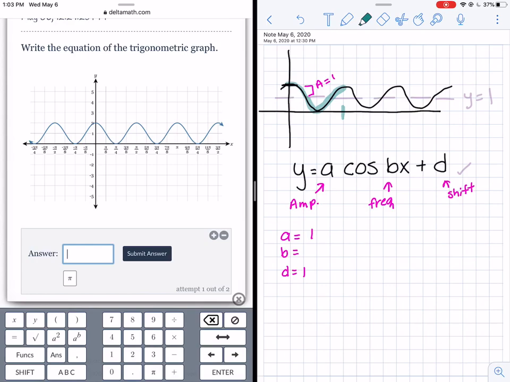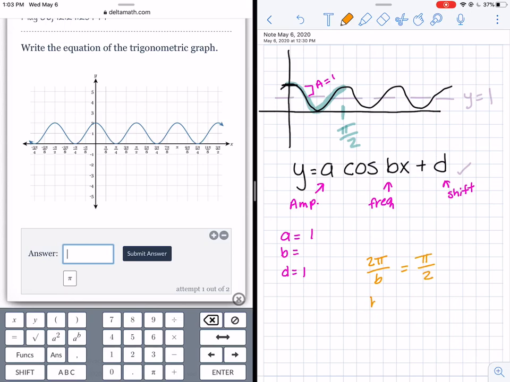So on this graph, on the Delta Math assignment, after one cycle, it ends here at pi over 2. So you need to actually calculate what that B value is and set your equation of your period equal to the period. So 2 pi over B equals pi over 2.